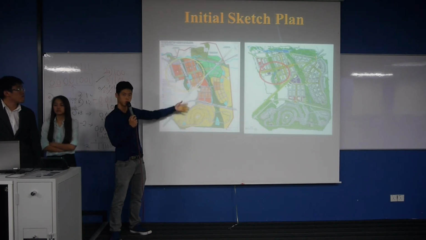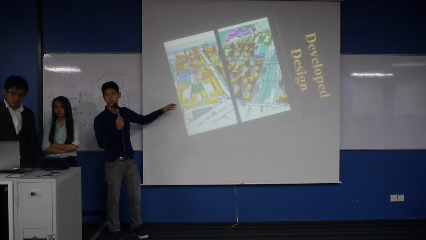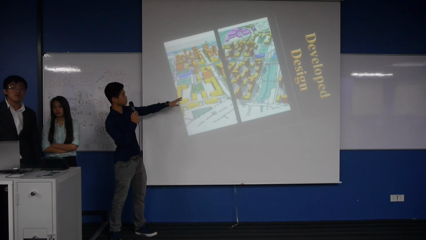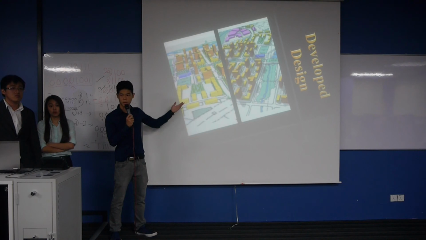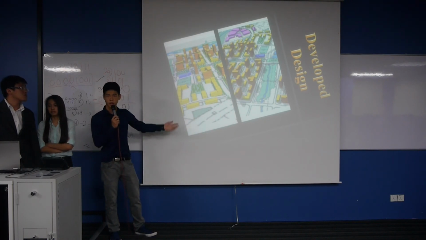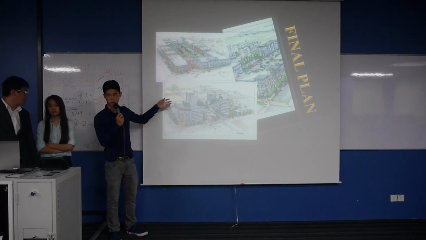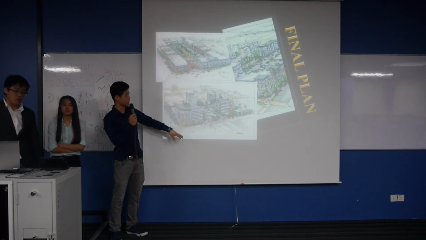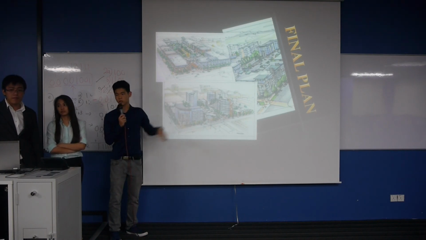It's similar to the local one, but just more detailed. And still the same, they also put in the detail and the material they decide to use in the developed design. So this is the final sketch plan. They do all the things here. They will submit this to their client and start construction.